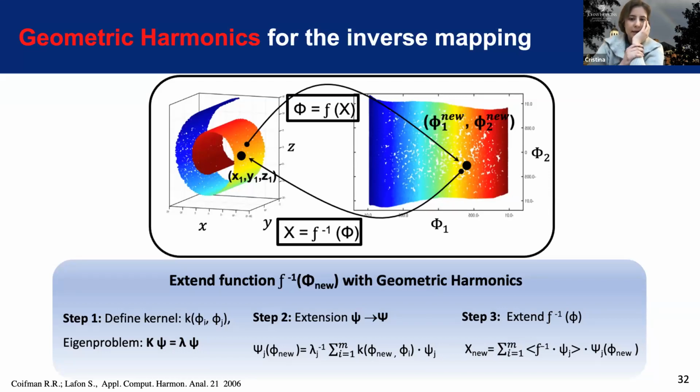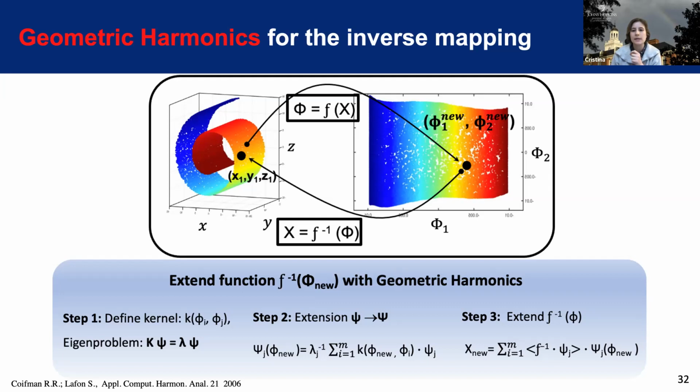And so in more detail, exactly what it's doing is that geometric harmonics compute the eigenfunctions of a positive semi-definite matrix K. For the mapping F from the ambient to the reduced space for the new point X new, geometric harmonics is extended by computing step 2, shown here, which is like Nystrom extension, but for functions instead of for the points in the ambient space.